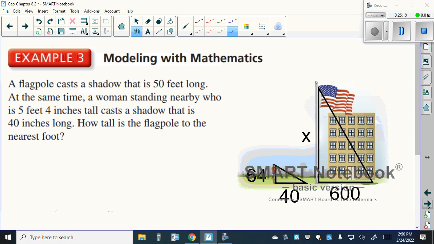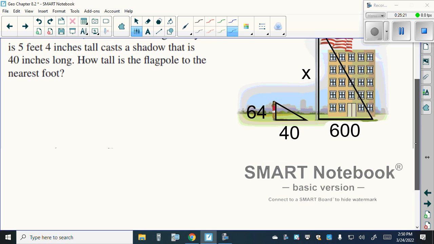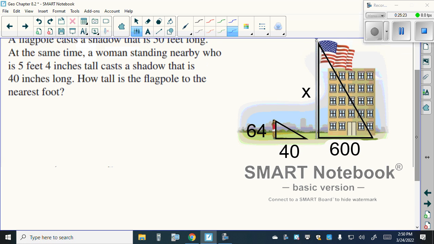Okay. That looks nice, doesn't it? Now, we can set up our proportionality.